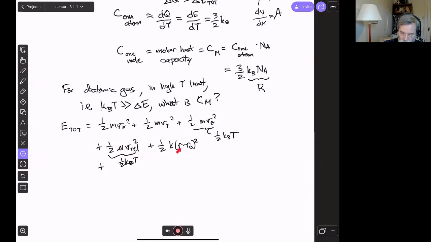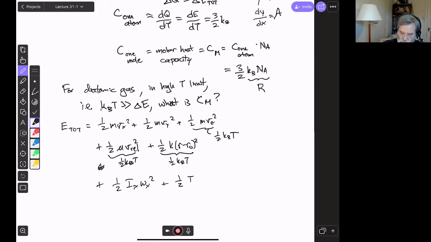For the potential energy associated with the vibration, this relative motion, r minus r naught, is independent of the motion of the center of mass. So that's a position squared that counts for the equipartition theorem. So that's another 1/2 kBT. And then finally, we've got the two rotational kinetic energies. And recall, as we said last time, that rotational velocity, angular velocity, counts as a velocity. So each of these gives us a 1/2 kBT.